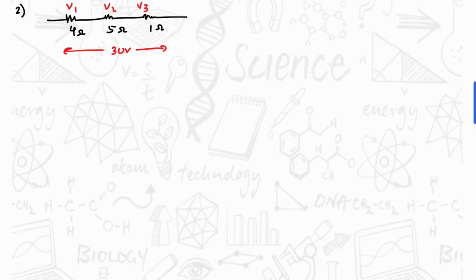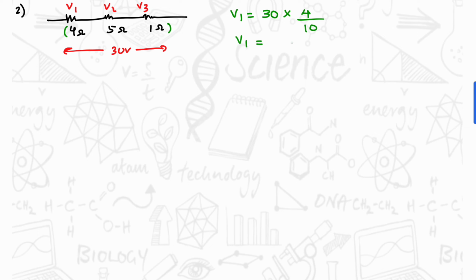Now let's try the second example. We have to find V1, V2 and V3. V1 is equal to the total voltage multiplied by 4 divided by the equivalent resistance, that is 4 plus 5 plus 1, which will give us 10.